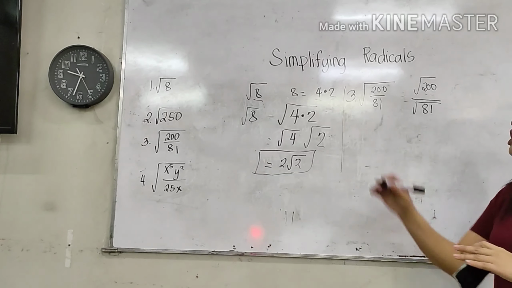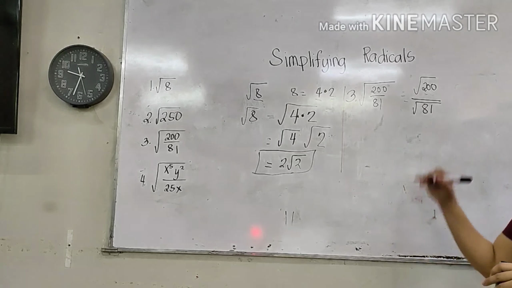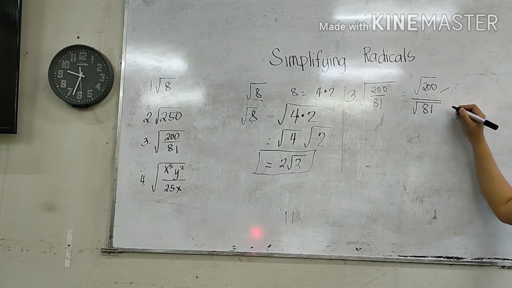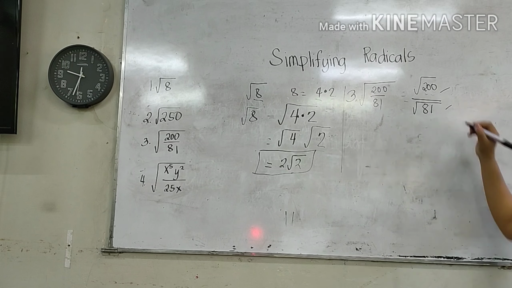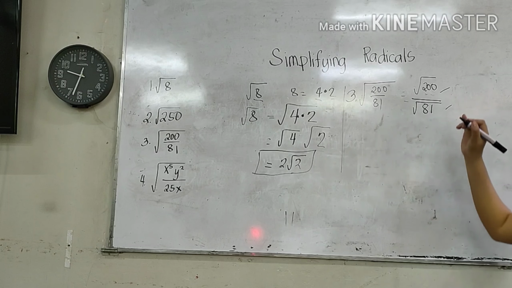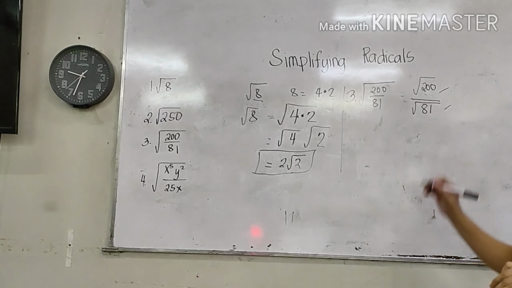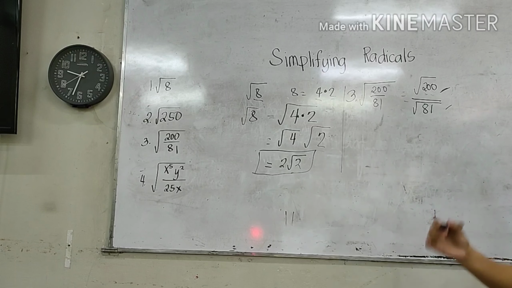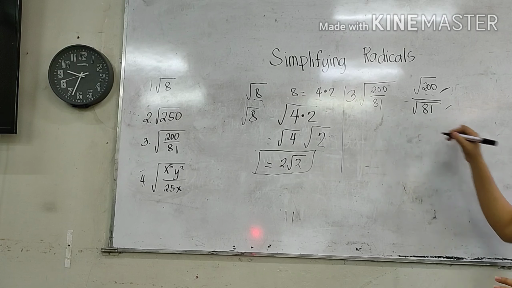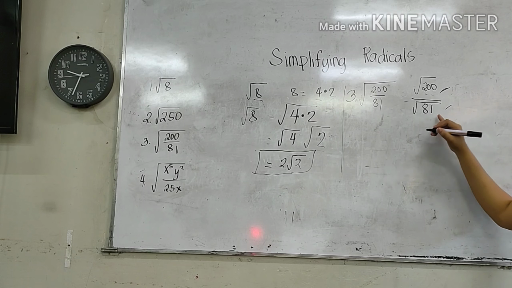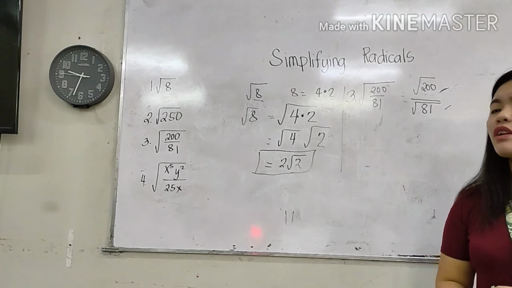So it is not taken all at once. You need to take the square root of the numerator and the square root of the denominator first. From here, you check whether the radicand is a perfect square or not. For 200, 200 is not a perfect square. But for the denominator, the square root of 81, 81 is a perfect square.